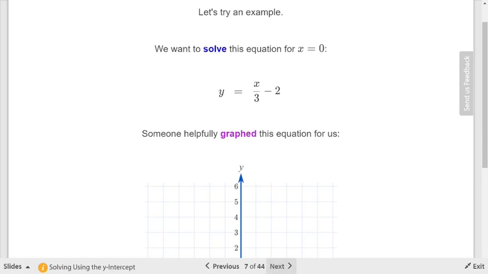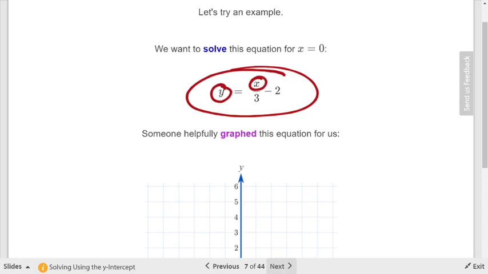we can use the information from a graph to solve an equation. For example, here is an equation. How do I know, first of all, that this thing is an equation? Because it has an equal symbol in it. Good. Okay? If that's the case, then we have our y value, we have an x value, right? And then we have a number at the end.